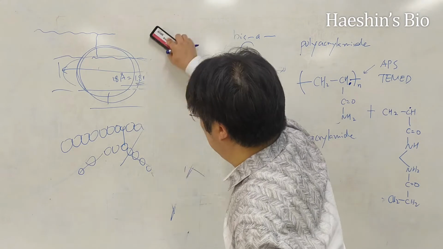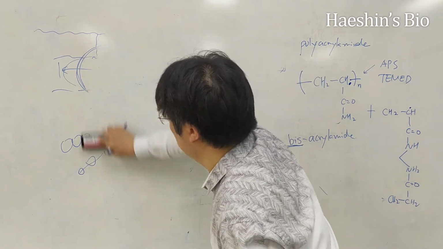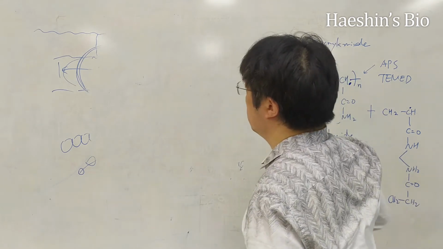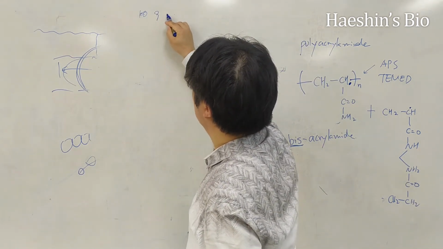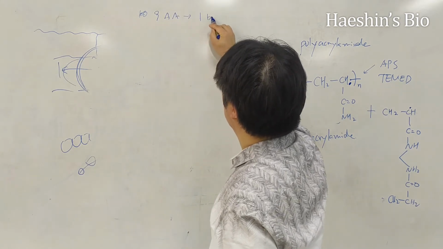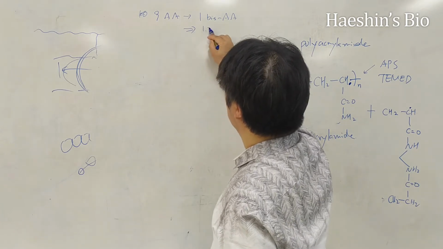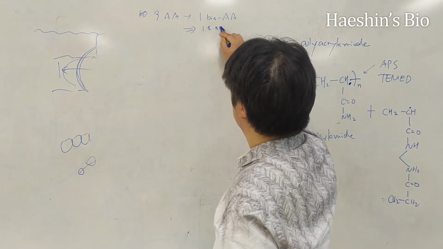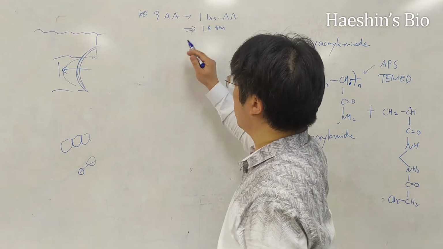So that provides a very nice situation. Remember the 10 to 1 ratio, 9 acrylamide and then 1 bis-acrylamide, provided about 1.8 nanometers in length. But they can be different, right?